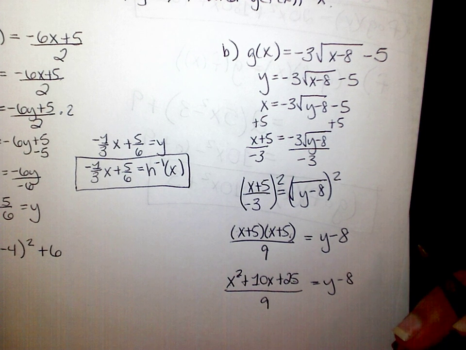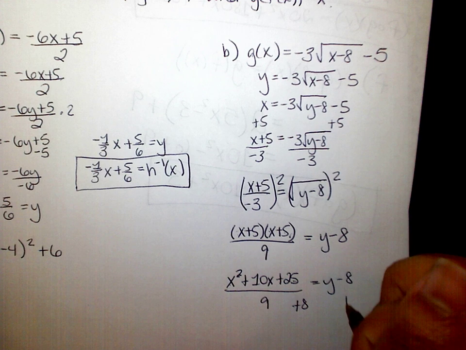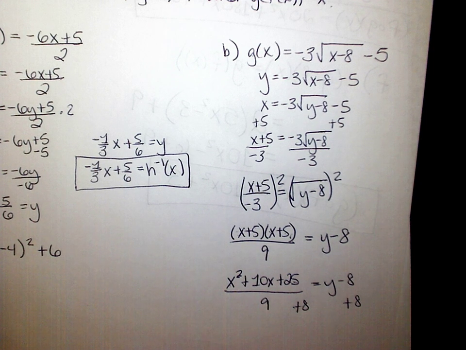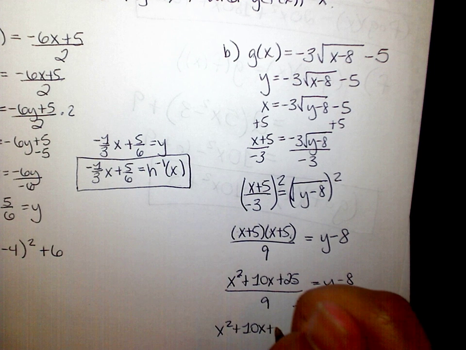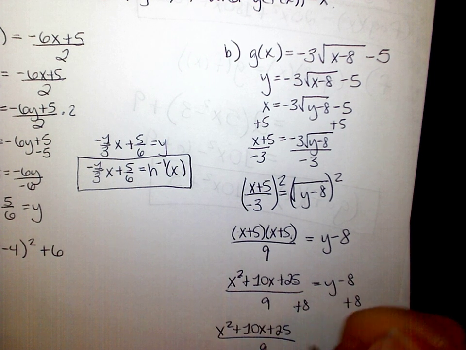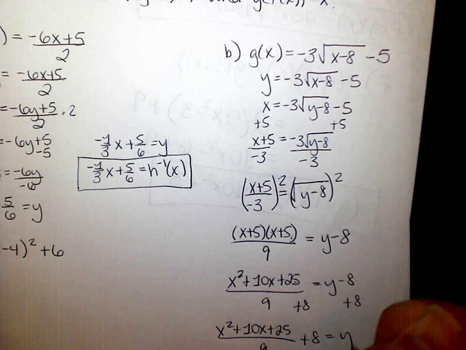Then we're going to add 8 to both sides. So we get x squared plus 10x plus 25 over 9 plus 8 equals y.